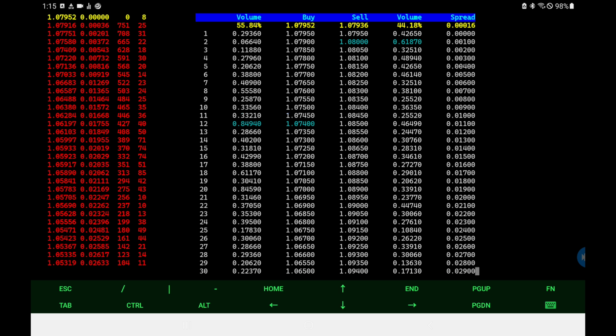So let's sit here and watch this for a few minutes and see how the market changes. See how the market correlates with the amount of trades that I have on the left-hand side.